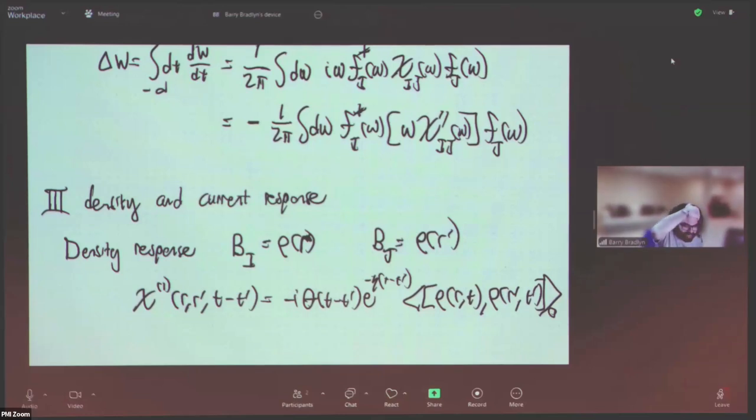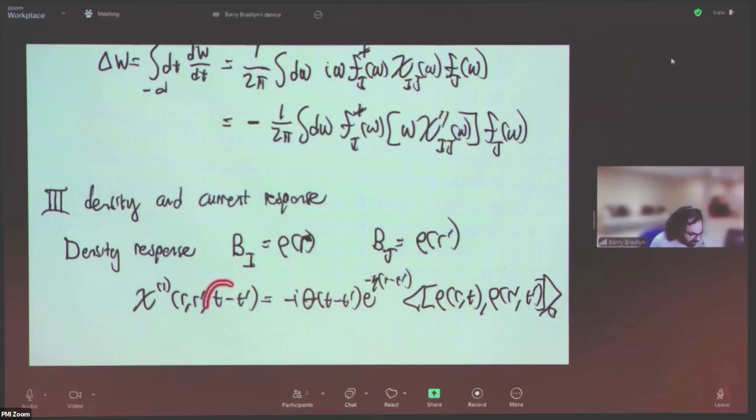Now, in many cases of interest, the systems that we are going to care about don't just have time translation symmetry, they also have some kind of space translation symmetry, either continuous translation symmetry or, for crystals and condensed matter systems, discrete translation symmetry.